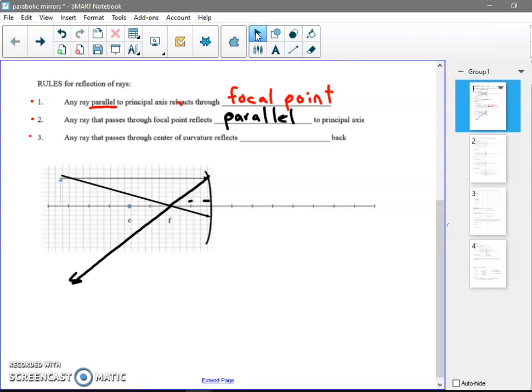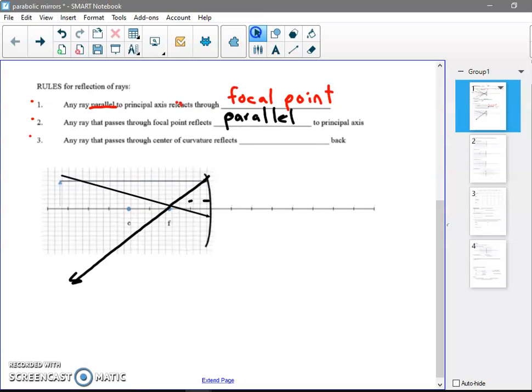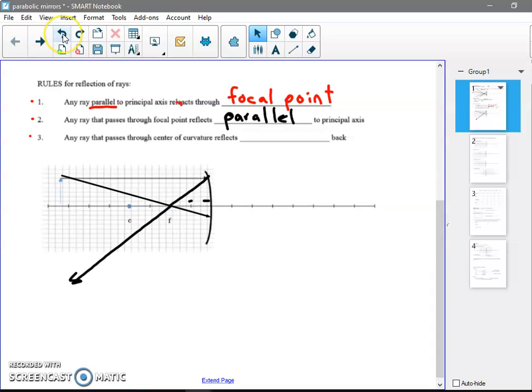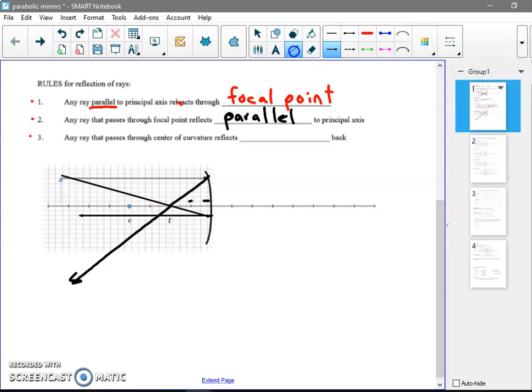Again, this is where the precision of the smartboard is really messing me up. Okay, I'm not going to correct it. Anyway, so I'm going to reflect this parallel to the principal axis. So I'm going to eye it up as best I can. It's a little off, but I'll just live with that. It looks fairly parallel. So there's my reflected ray 2.